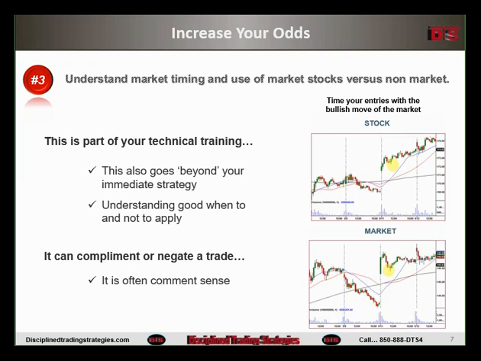Naturally, the concepts of relative strength and market timing really only apply to stocks, because there is no concept of market timing if you're trading the market or futures. There's no concept of relative strength if you're trading futures, because you're trading what you're trading, right? So these two, market timing and relative strength, are things I don't talk about a lot that I just want to emphasize.